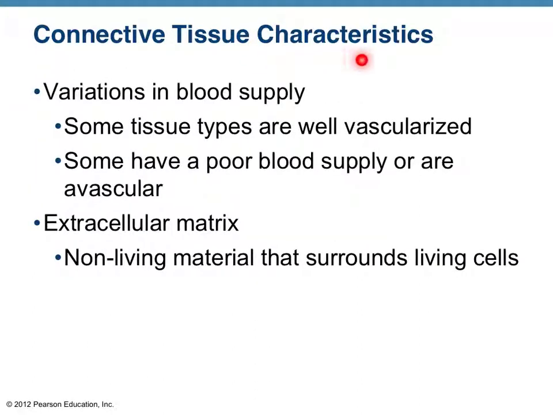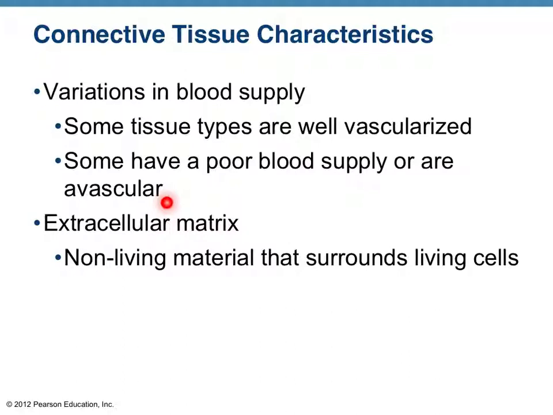The characteristics of connective tissue. Firstly, there's variations in blood supply, meaning that some of the connective tissues in the body have a great supply of blood. They have a lot of arteries that nourish them with nutrients as well as oxygen, and some of them are completely avascular. They don't have any direct blood supply.